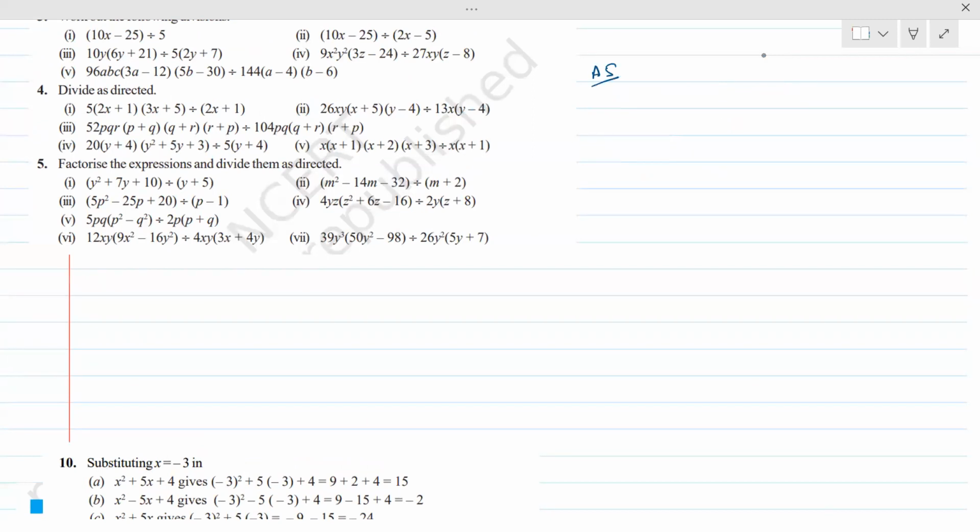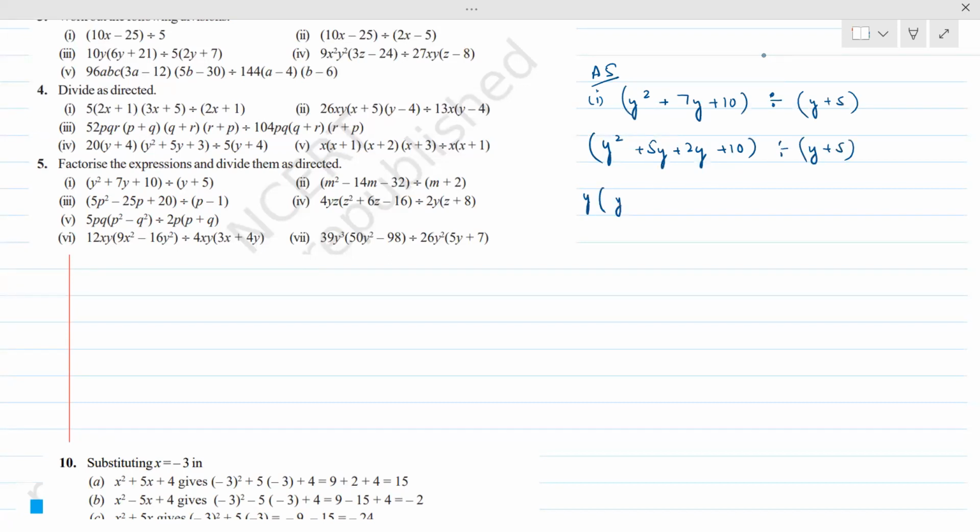Now, answer fifth requires you to first factorize it by any of the identities. Like in the first, we can see y square plus 7y plus 10 is the numerator divided by y plus 5. So we have to first factorize it. We can factorize it as y square plus 5y plus 2y plus 10 by middle term splitting, divided by y plus 5, remaining as this.